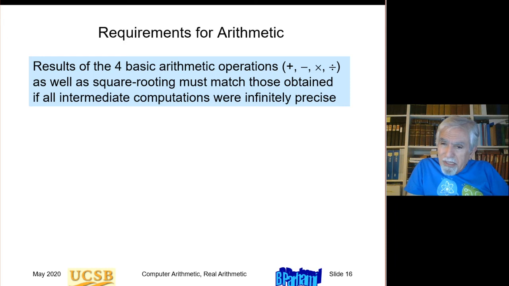So let me give you an example. When you multiply two floating point numbers, let's say the two significands are 1 point something with 23 bits of precision, 23 bits of the fractional part. When you multiply two such numbers, you get twice as many fractional bits, 46 bits.